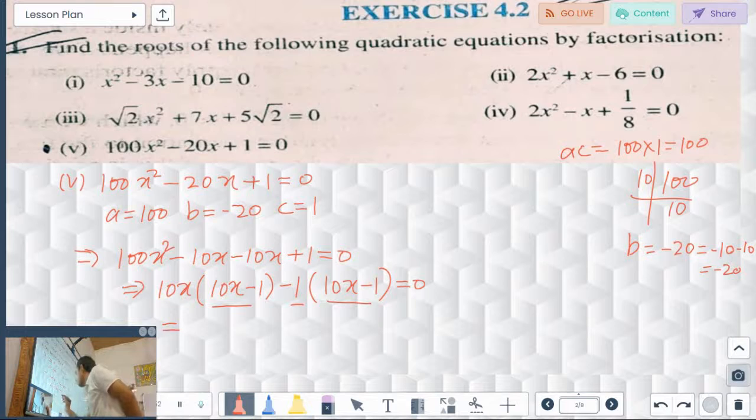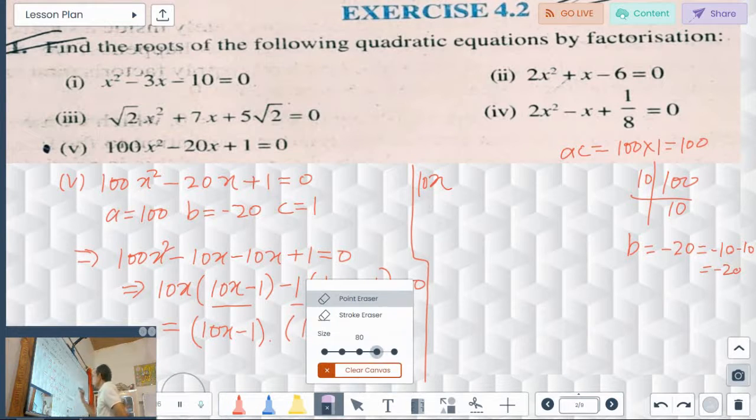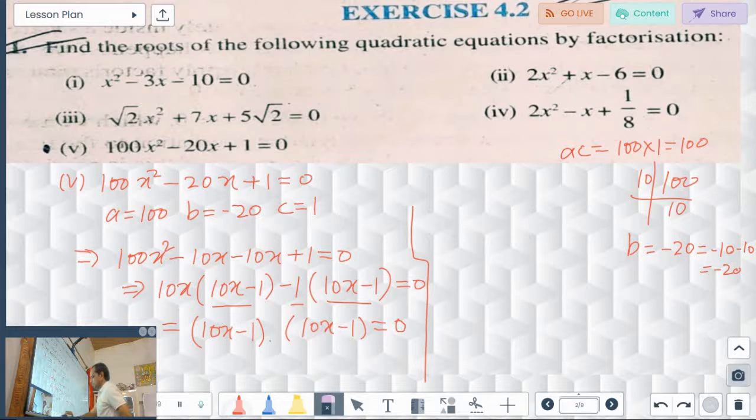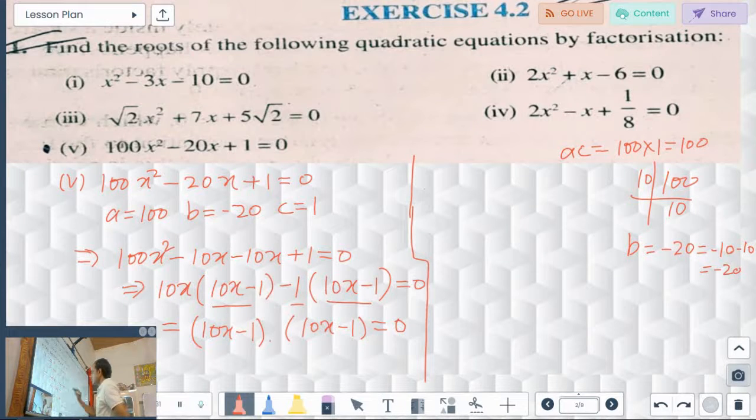Now 10x minus 1 and 10x minus 1 equal to 0. There are two factors of the quadratic equation.